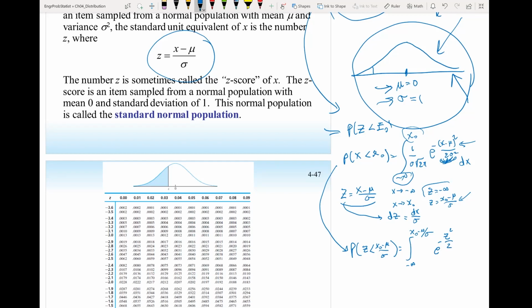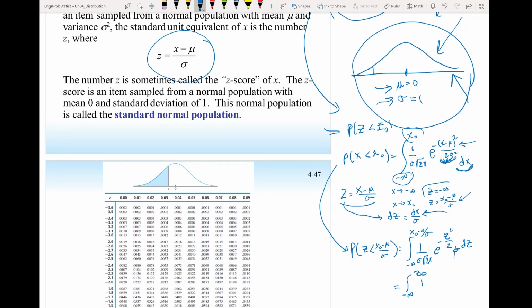And the dx here equals sigma dz. And then here 1 over sigma root 2 pi. And this integral goes from minus infinity to (x naught minus mu) over sigma, or I can write it just as z naught.